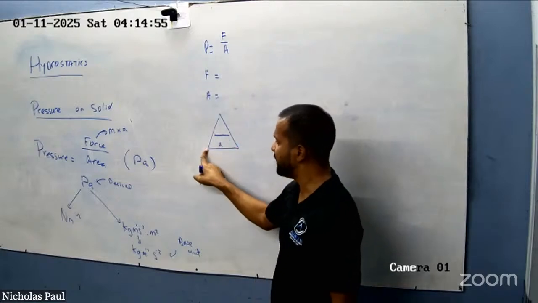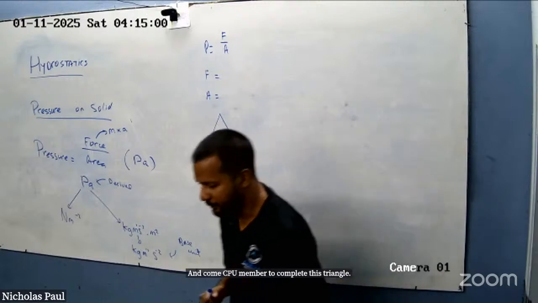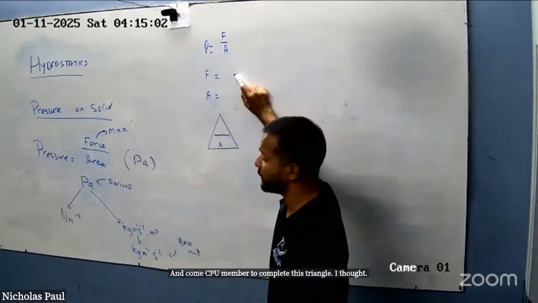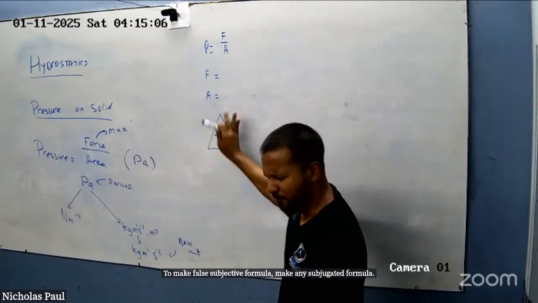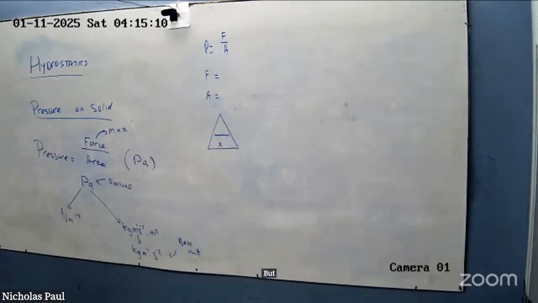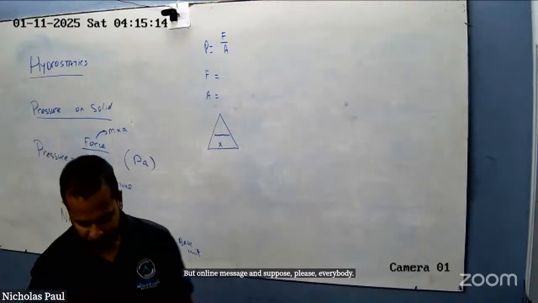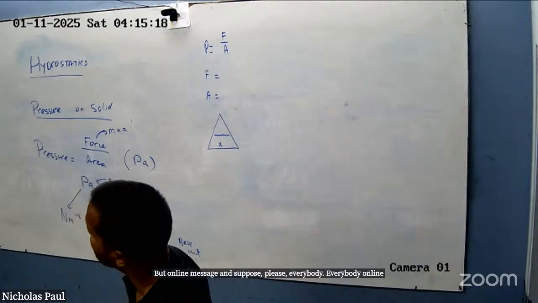See if you remember how to complete this triangle. Make force the subject of the formula. Make area the subject of the formula. If you can't make the triangle, don't worry, I'll show you what to do. Online, message your answer for force.